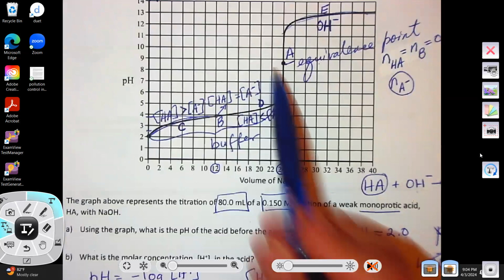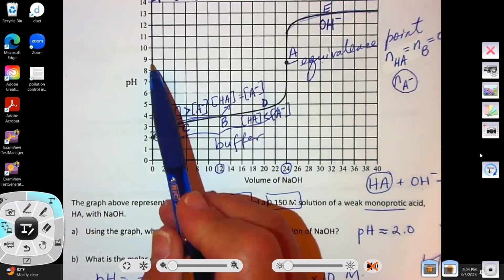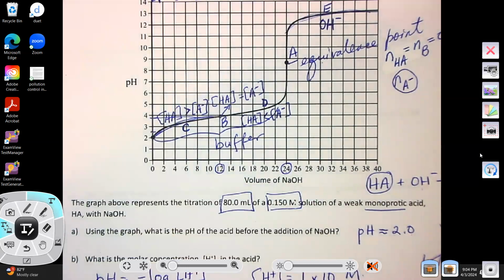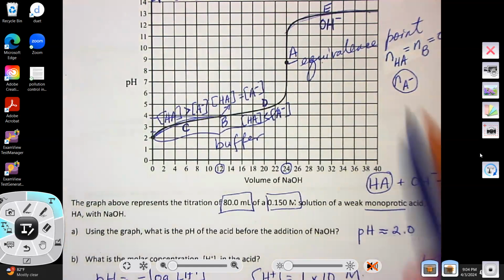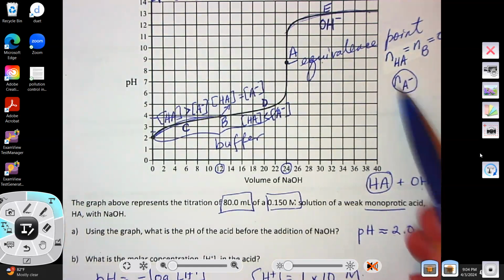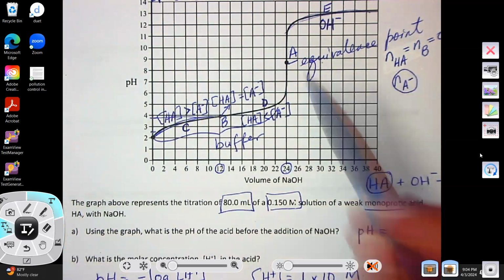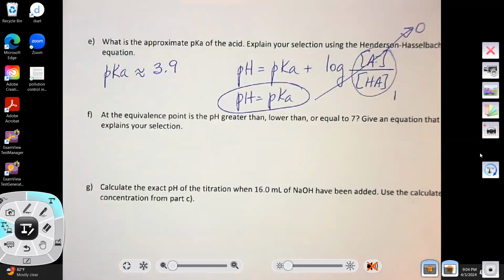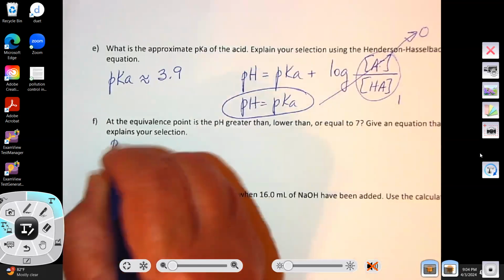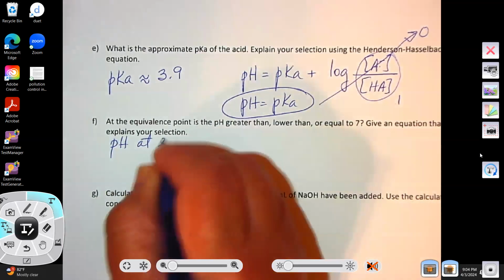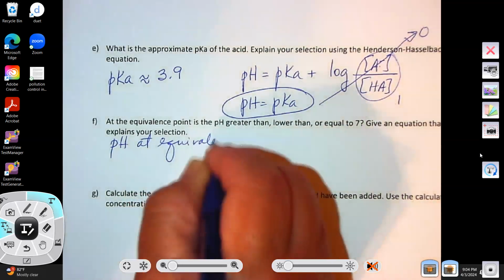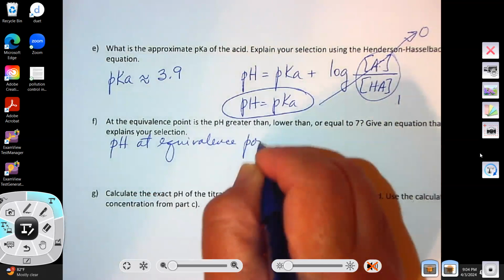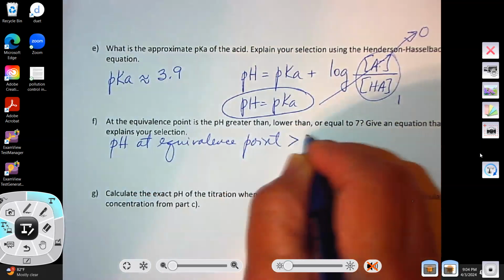Also notice that at that point, you only have the conjugate base. That's the only thing that is present at the equivalence point. So to answer this question, you say the pH at the equivalence point is greater than 7.